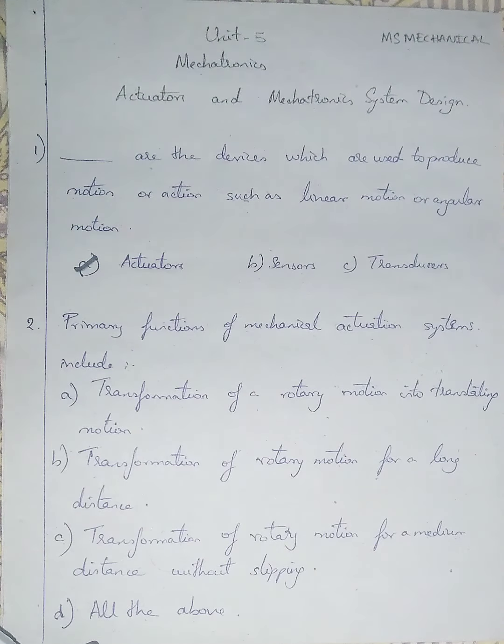Option C says transformation of rotatory motion for a medium distance without slipping. If we are using a belt, it will definitely slip. For that purpose, we'll be shifting it with gears or rack and pinion mechanisms. So these are the primary functions of mechanical actuation systems. So I'm going with option D, all the above.